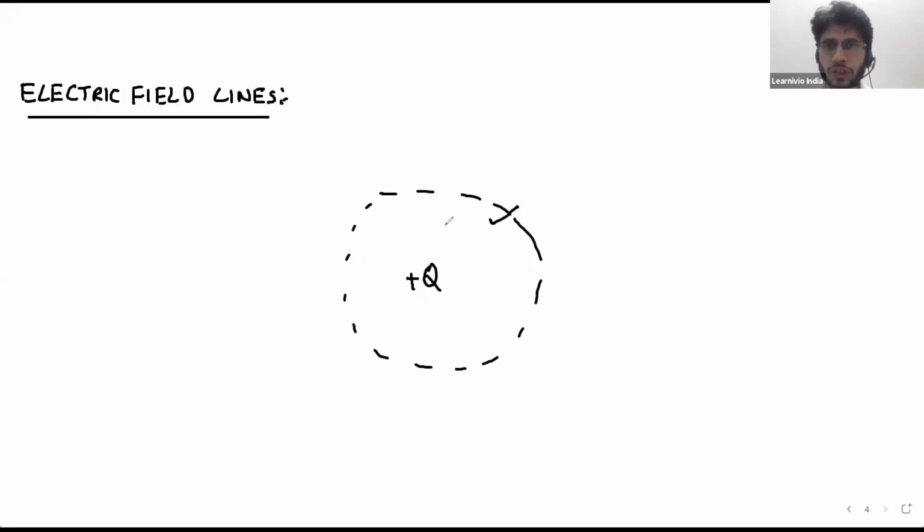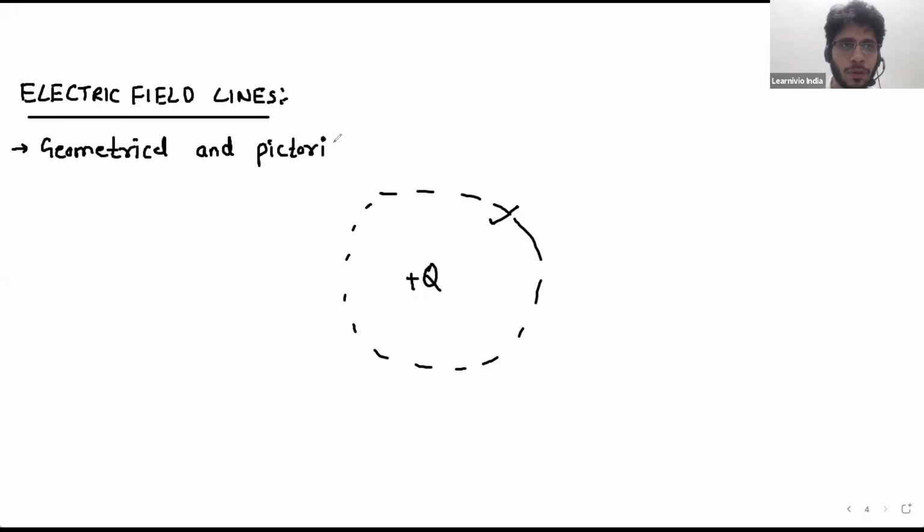Those curves are known as electric field lines. In very simple language, electric field lines are a geometrical and pictorial representation of electric field.